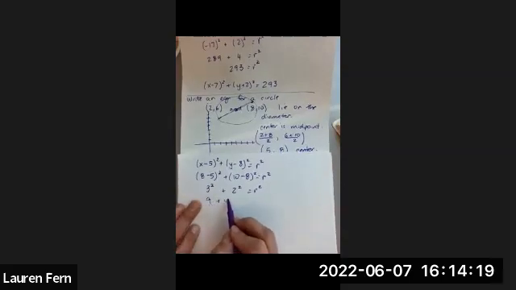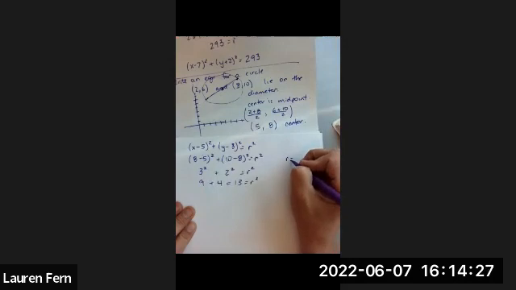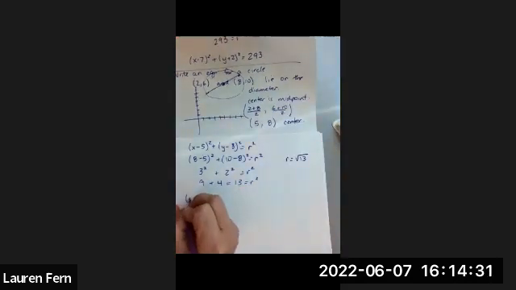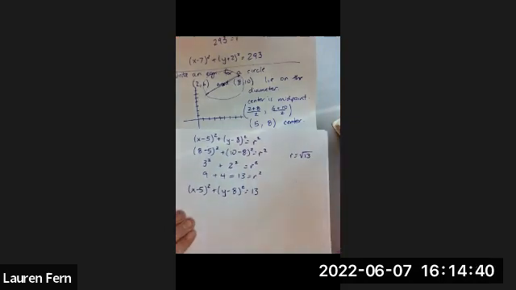So we get 9 plus 4, or 13, is r squared. So we know our radius is the square root of 13. But again, in this example, all we were asked to do is find the equation of our circle. And that is precisely what we have here.